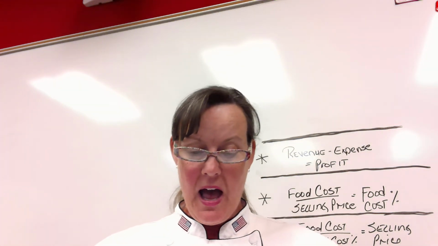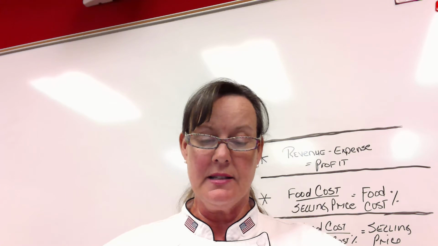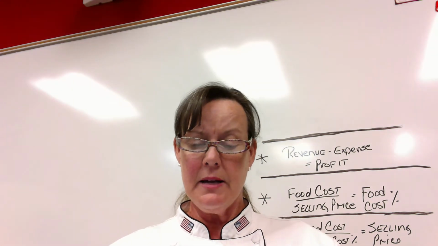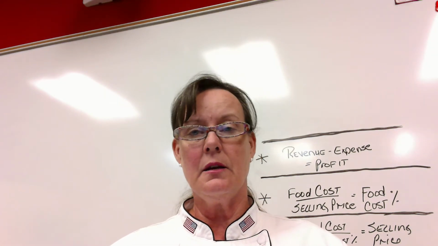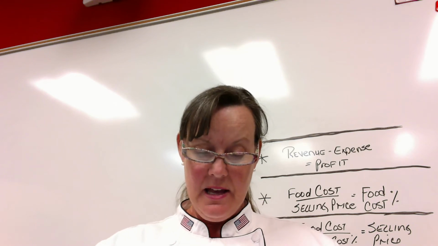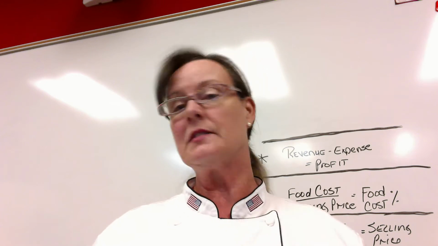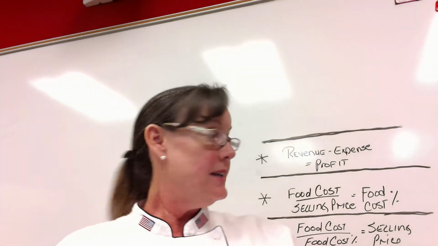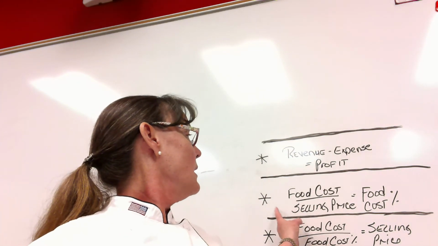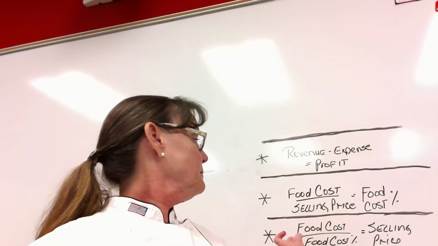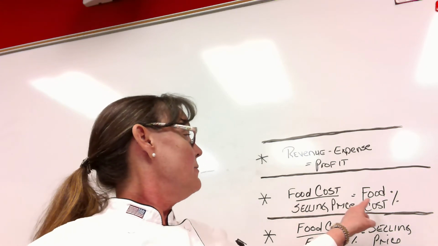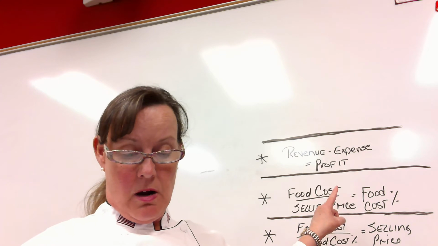Now let's talk about calculating selling prices. This is where honestly it can get a little confusing. I would say that the percentage pricing method to me is the easiest, and I've got it up here for you. First you have to determine your food cost percentage, all right?